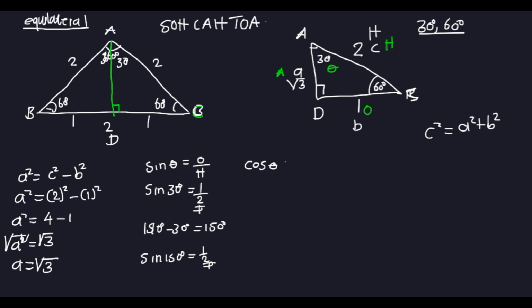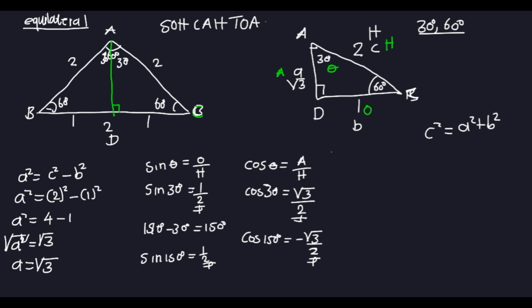So cos theta is equal to adjacent over hypotenuse. So cos 30 is equal to adjacent, which is root 3, over hypotenuse, which is 2. So what of 180 minus 30, which is 150? So what of cos 150? Cos 150 is equal to negative root 3 over 2.